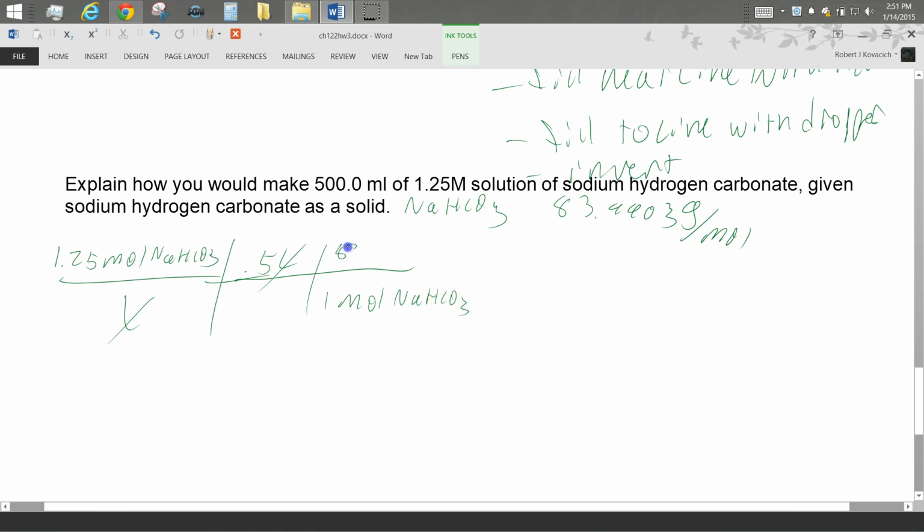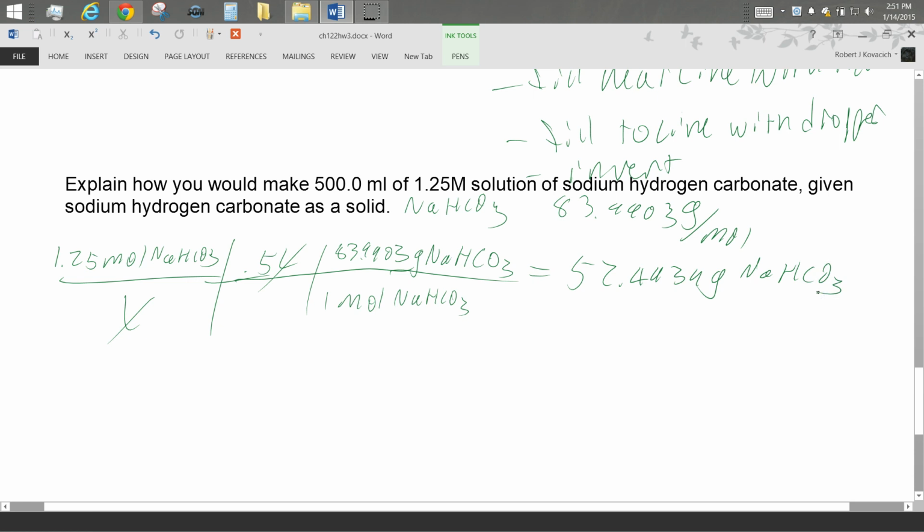And I'll put 83.9903 grams sodium bicarbonate. All right, so times 0.5 times 1.25. So I get 52.4939 grams.